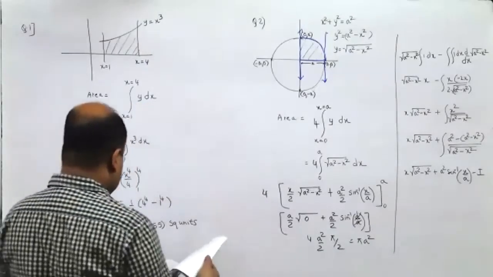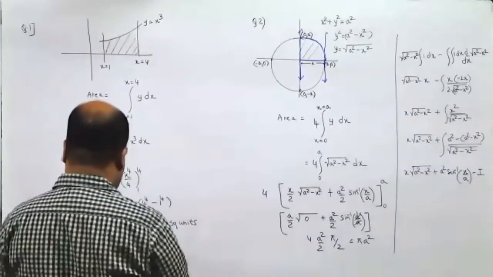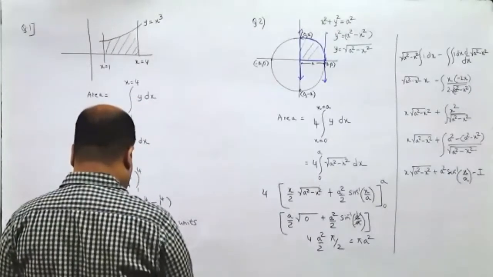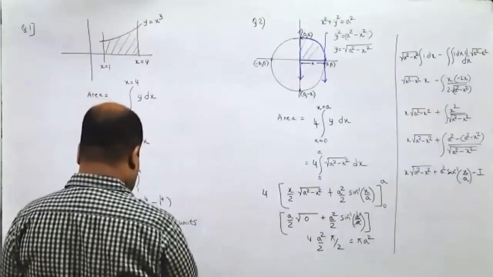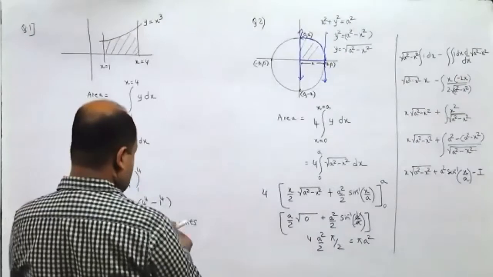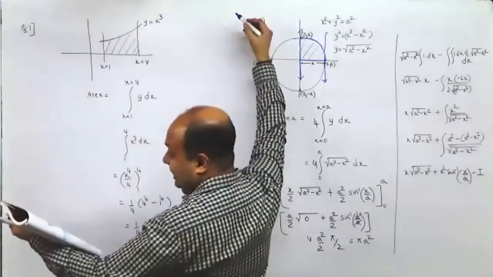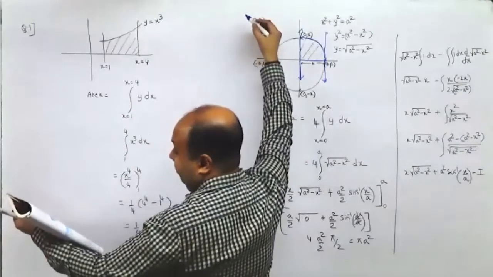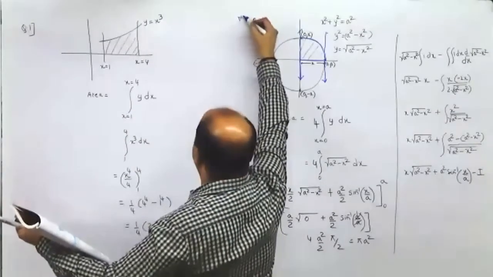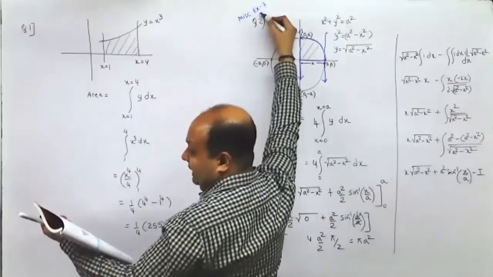I'm not able to locate this. This is of the type, but I'm not able to locate the exact type of sum. This should be miscellaneous exercise 7, question number 1, the 5th part.